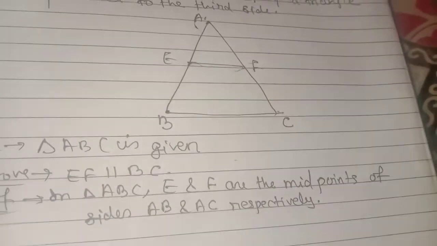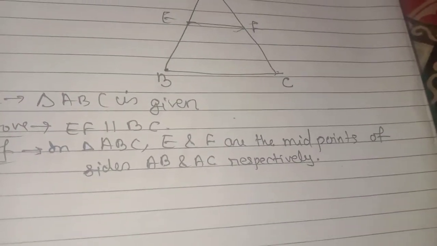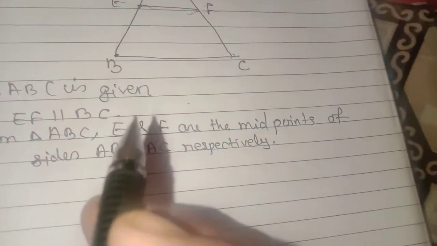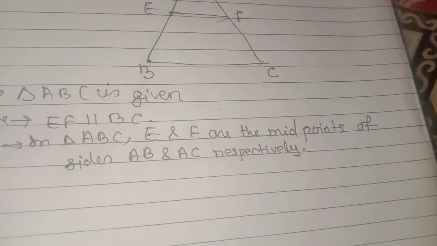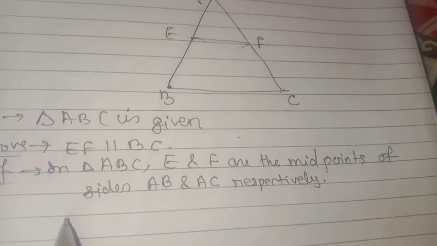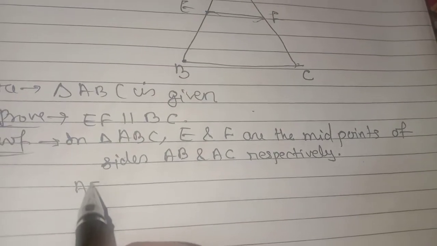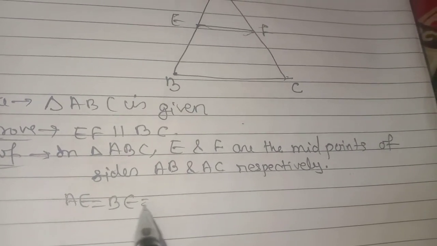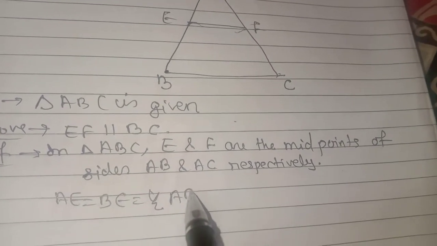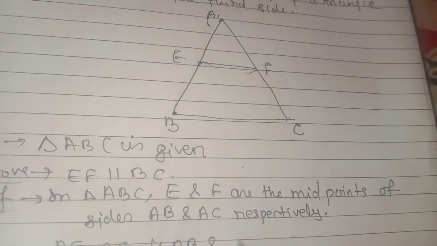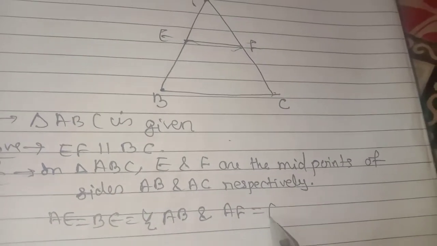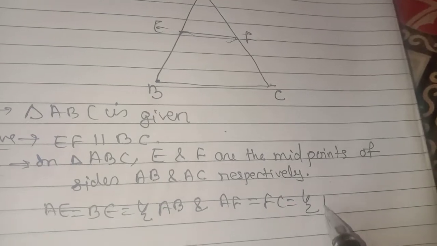Okay, E and F are the midpoints of AB and AC respectively. So now what we can say here is that AE is equal to BE is equal to half AB, and AF is equal to FC is equal to half AC.